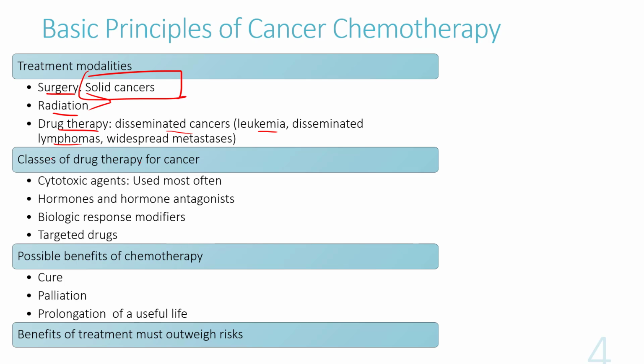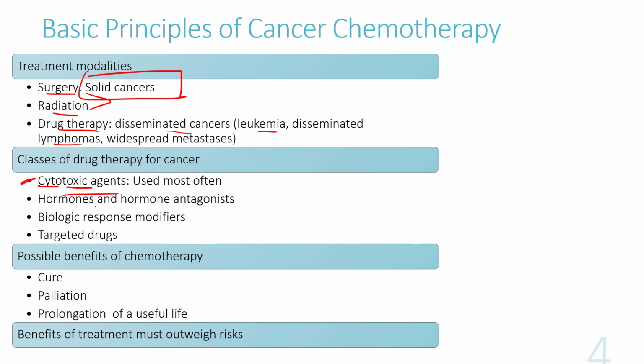These are used for disseminated cancers that are widespread, like the leukemias, the lymphomas, and metastases. Now, the types of chemotherapeutic drugs that are available are listed here. So cytotoxic drugs are the ones that are used often. And again, cyto is cell, toxic means it's poisonous. And so they basically kill fast-growing cells.